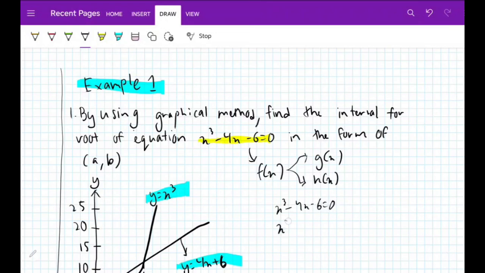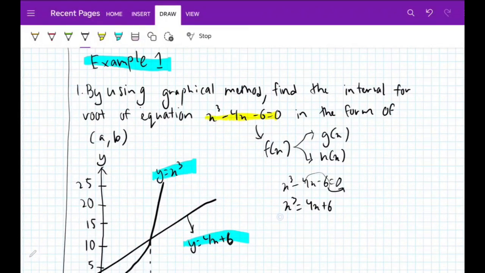I'll transfer this whole thing to this side, and we get x cubed on one side, and on the other side we've got 4x + 6. We label this as g(x) and this as h(x).